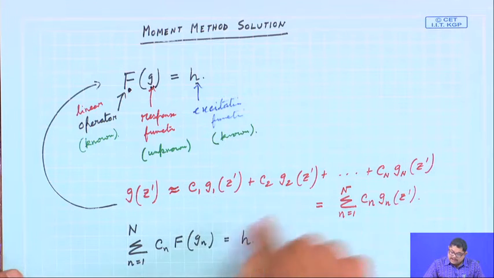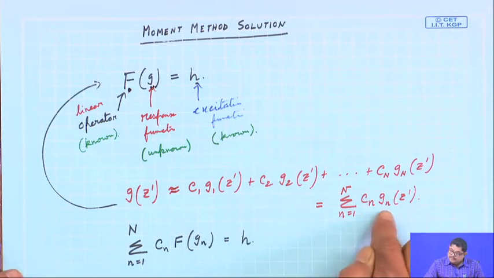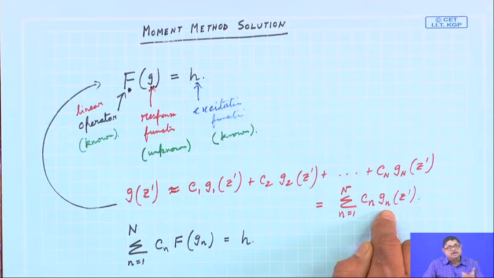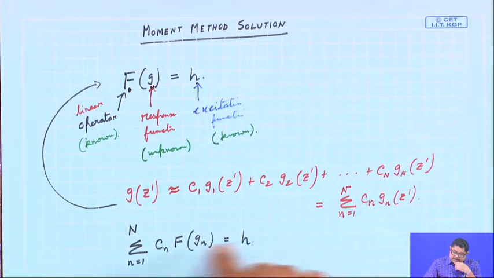This g n is chosen, this choice is with you, so that this f g n can be evaluated conveniently, preferably in closed form, if not at least numerically that should be easily evaluated.